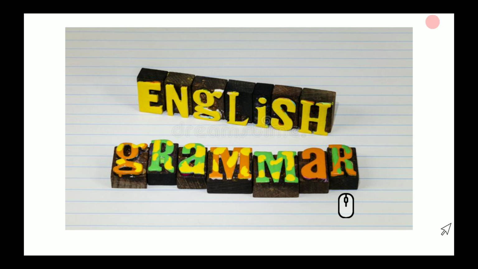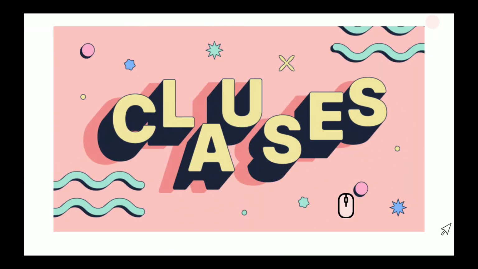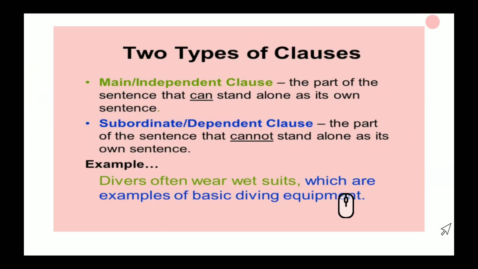We have studied clauses, which means a sentence having a subject and a predicate, having a main part that can stand alone, and there could be a subordinate clause which may be a helping part to the first part of the sentence, or it can also be just one part of the sentence.